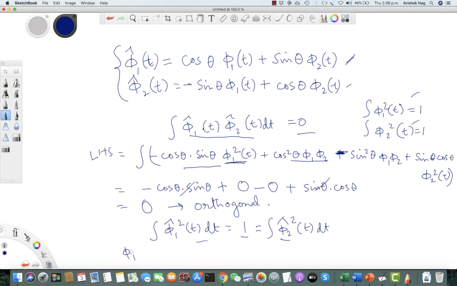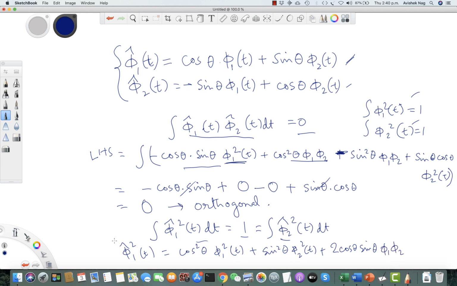Let's say phi 1 hat square t is basically cosine square theta phi 1 square t plus sine square theta phi 2 square t plus twice cosine theta sine theta phi 1 phi 2. Okay.